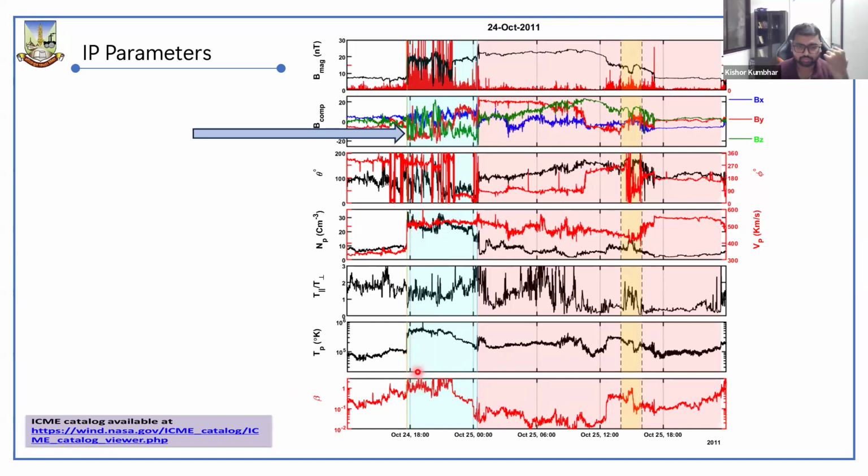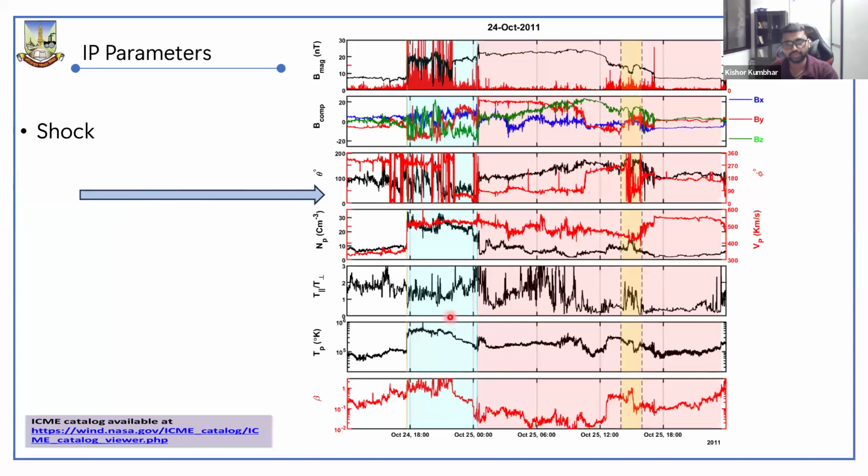These signatures, as per previous studies, suggest that the observed region is basically your ICME shock, which is followed by this blue shaded region where we can see the plasma has become quite turbulent, which suggests that the blue shaded region is an ICME sheath.